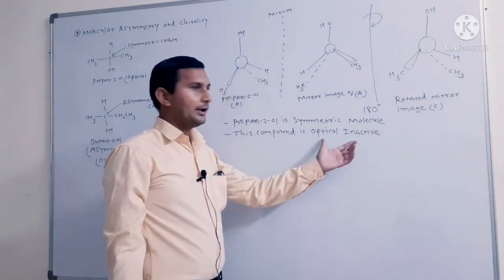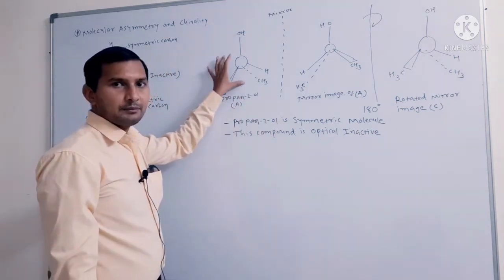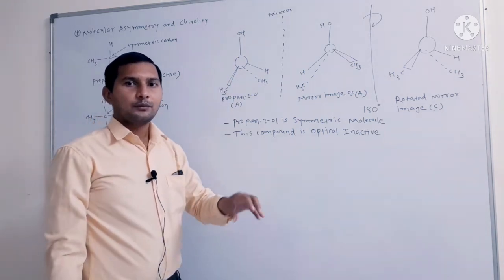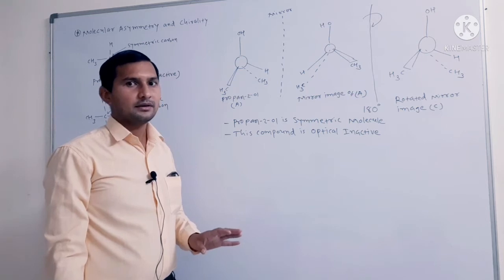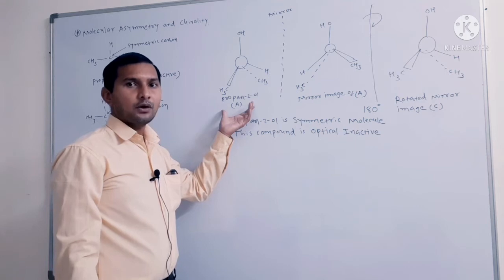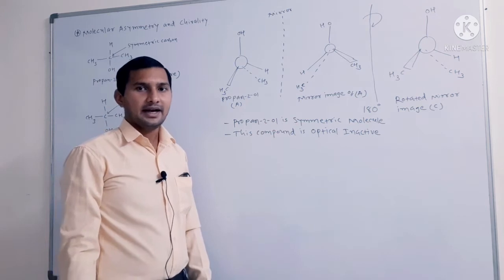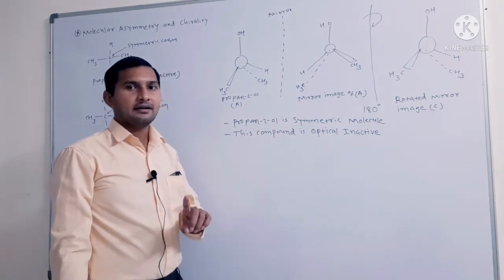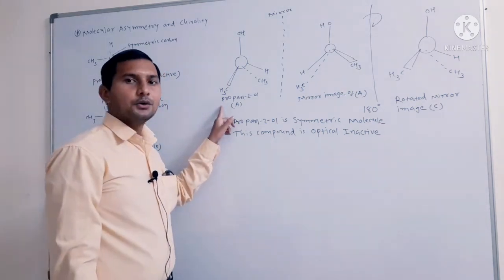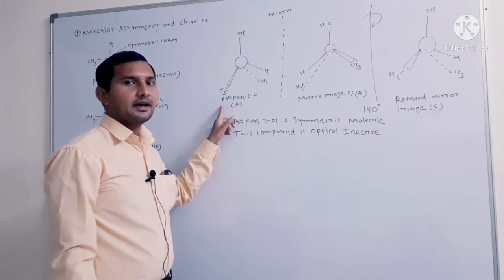What does optically inactive mean? It means that if we place an aqueous solution of propanol in a polarimeter to find out whether it is optically active, it does not show any change in the polarized light. With the help of the polarimeter, this compound is not able to rotate the plane polarized light either towards the left-hand or the right-hand side.